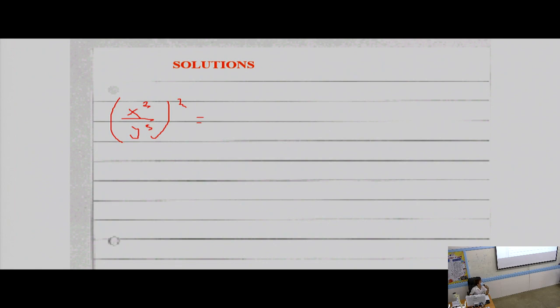That is x to the power of 2 times 2, which is x to the power of 4, over y to the power of 3 times 2, which is y to the power of 6.